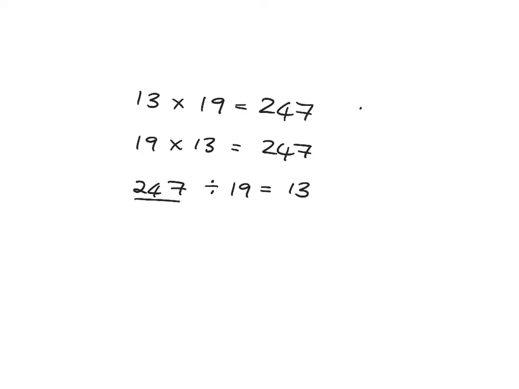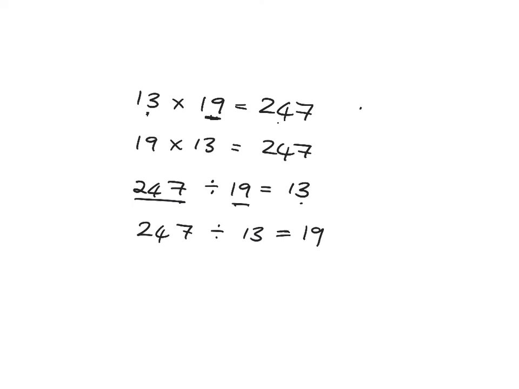Because if you're going to ask how many groups of 19, how many packets of 19 can you make out of 247? Well, the answer is obviously 13, because up here you got that 13 lots of 19 got you to 247. And similarly, 247 divided by 13 gives you 19.